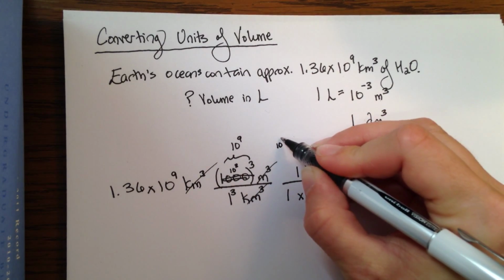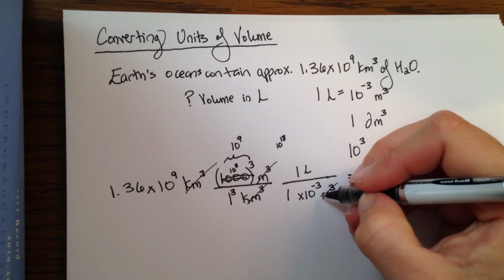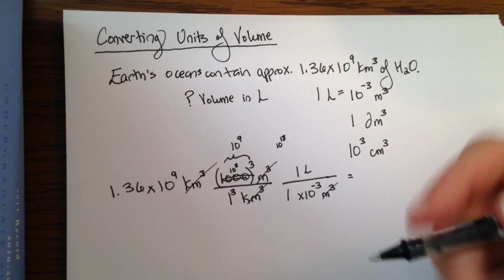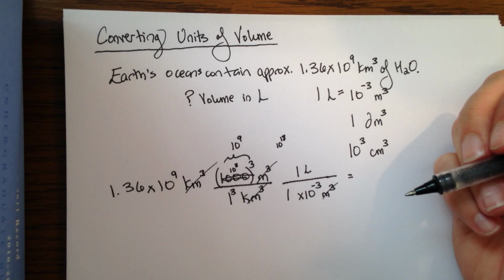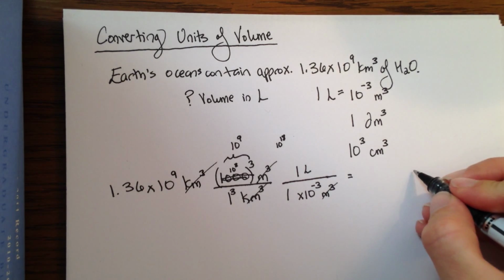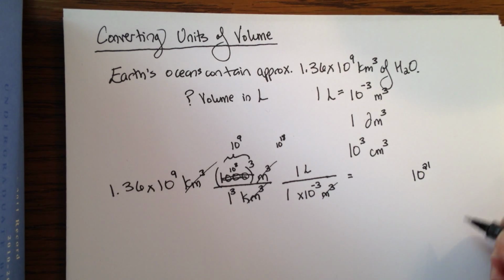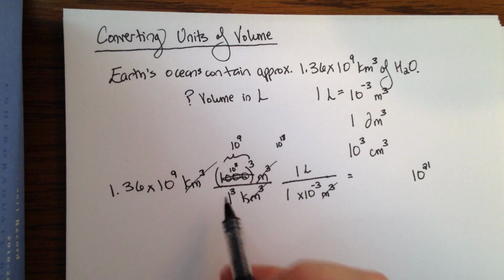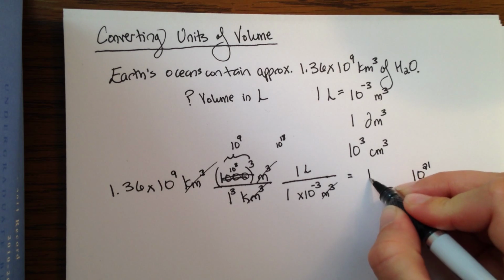So this gives us 10 to the 18th. Now when we go here, we're dividing by an exponent, so we would subtract. When we subtract a negative 3, we end up adding 3. So we end up with 10 to the 21st for our exponent. And since this number is essentially just being multiplied by 1, it stays the same.